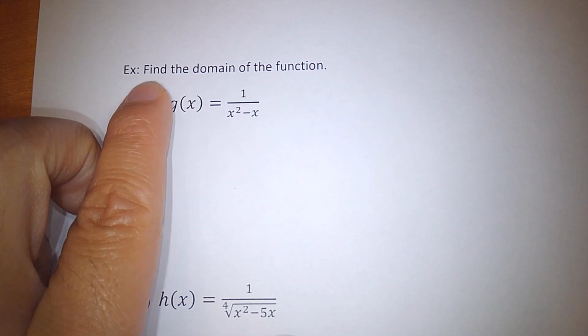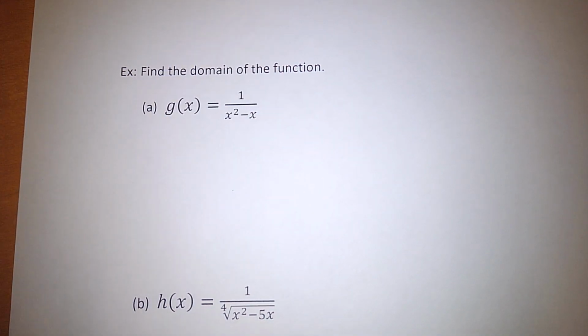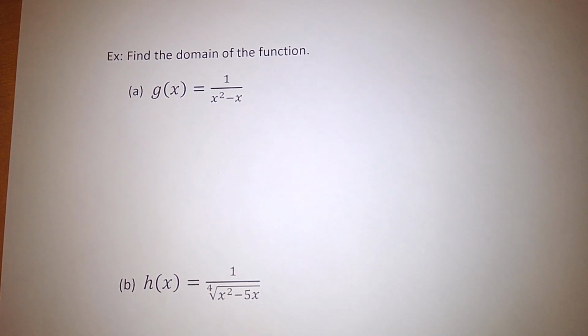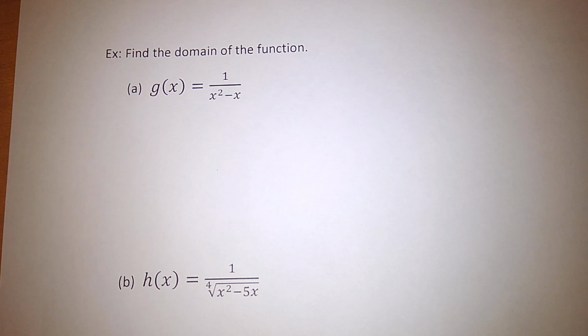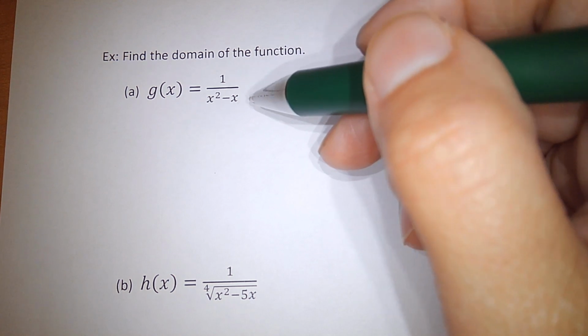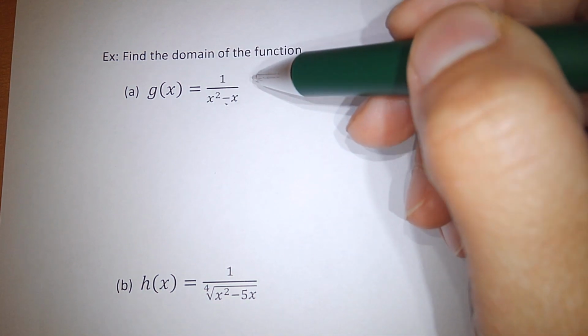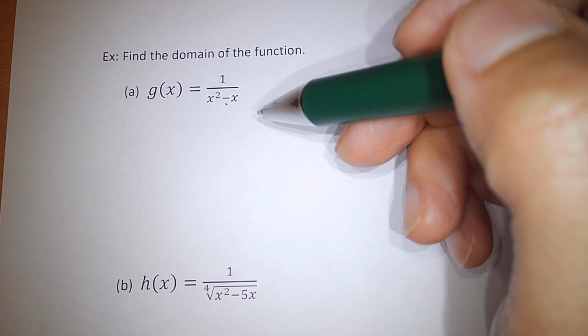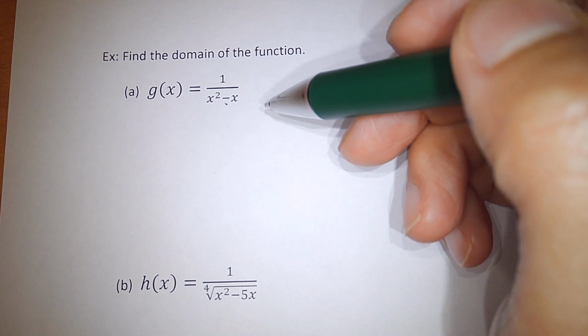This type of example finds the domain of the function. Also a very good type of exam problem. I may give you some functions and let you find the domain of the function. Mostly there are two types of functions we have to pay attention to. One type of function is in the form of a fraction.